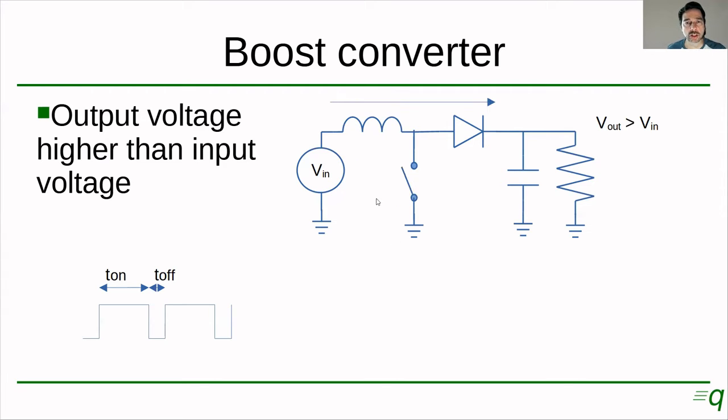When we open the switch, again, the current cannot change instantaneously through the inductor. So the current is going to keep flowing through the inductor, and the diode is going to provide a path for it. So the energy stored on the inductor is going to be going through the capacitor and the load now.